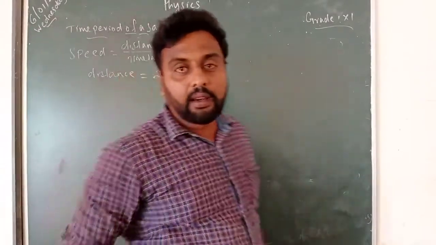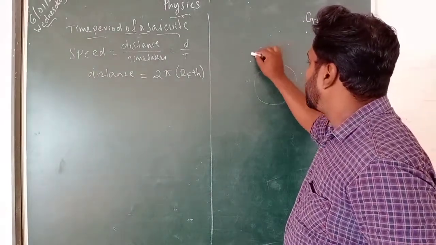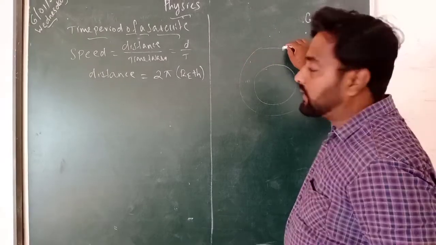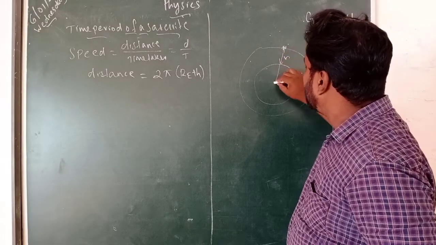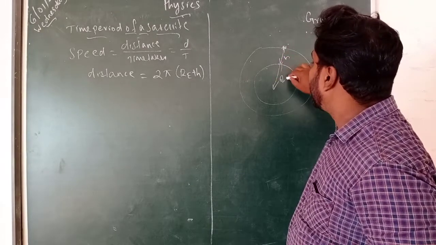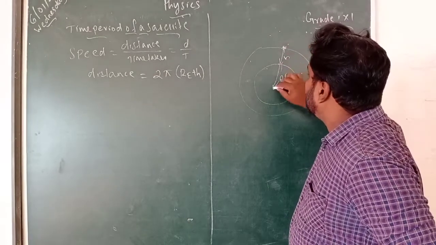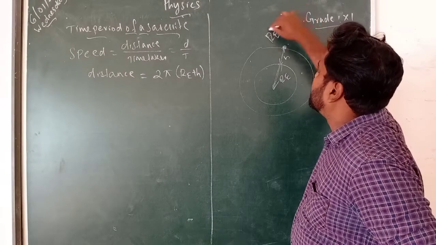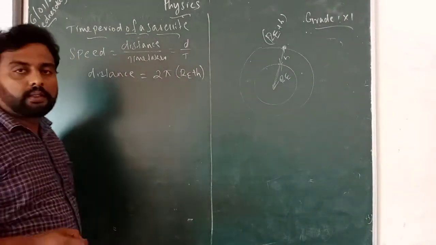Why are we taking R_E plus h? This is the Earth and this much is the height. The satellite moves in this orbit, so this is the height, this is R_E, the radius of the Earth. The satellite revolves at a radius of R_E plus h. That is what we take here, 2 pi (R_E plus h).